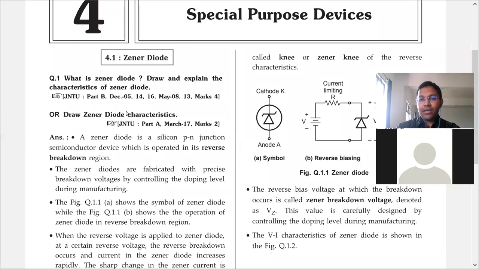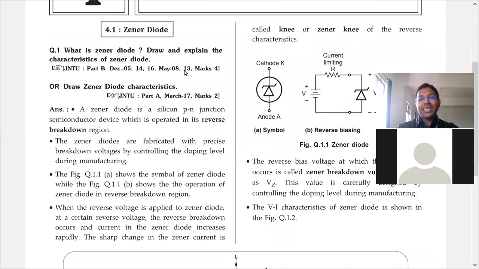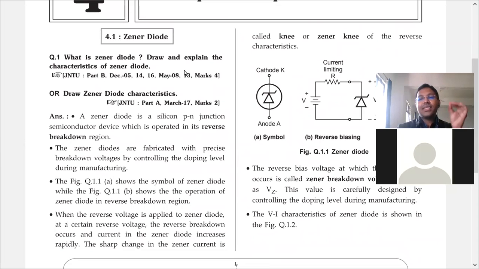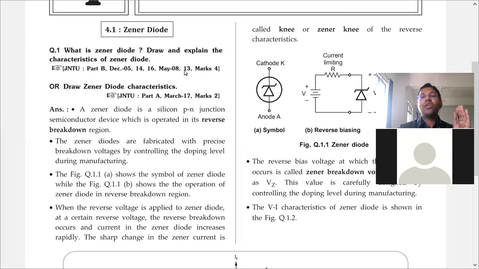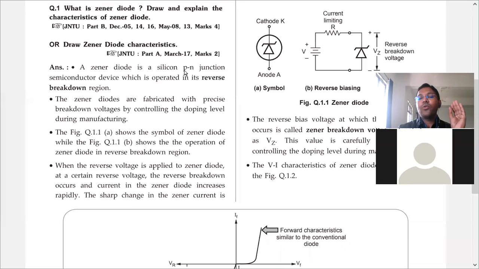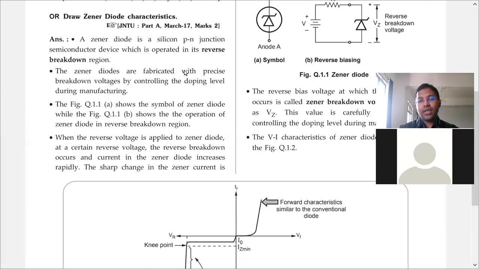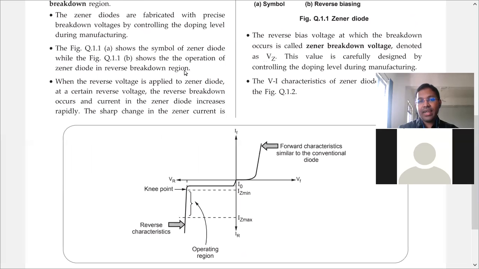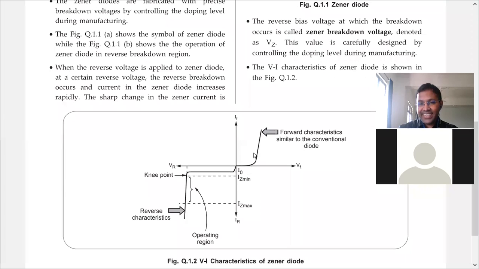So why am I saying this point? Because the Zener diode is used in its reverse bias condition. The primary application of the Zener diode is in the reverse bias condition. What about forward bias? No specific use. The forward characteristics of the Zener diode are the same as an ordinary PN junction diode.